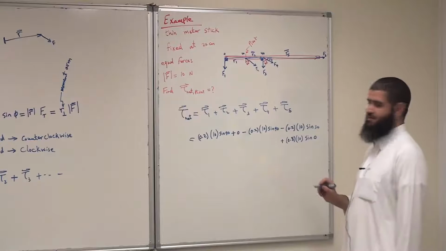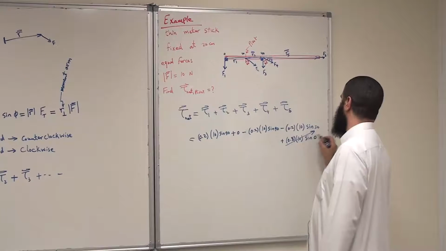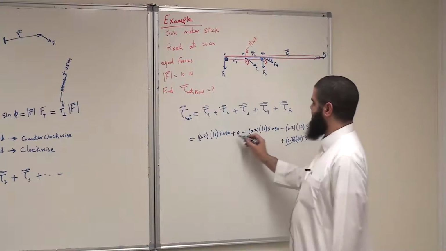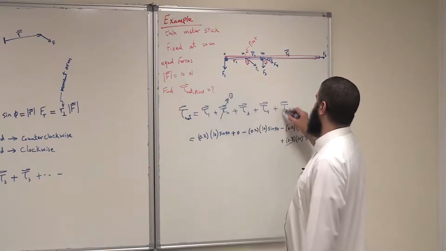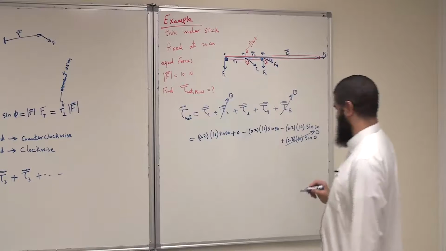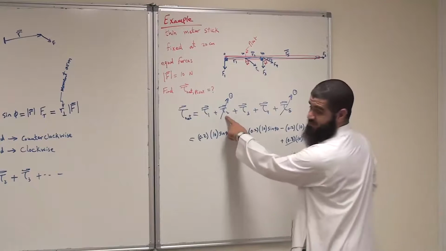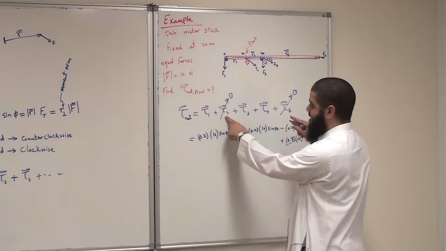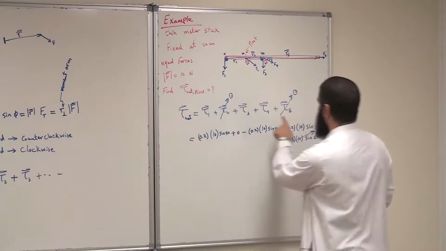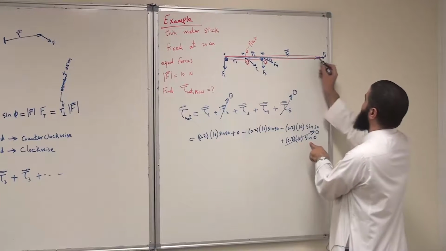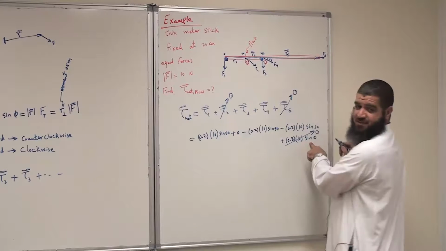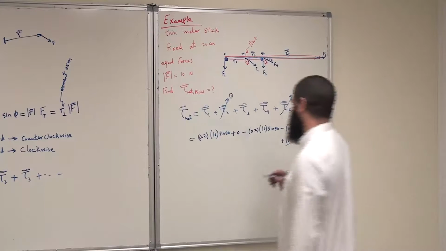But what is sine 0? It is 0, so this term is 0. Similar to the F2 term, which is 0 because the position vector is 0, since we apply the force at the pivot. And this term is 0 because the angle between the force and the position vector is 0, so sine 0 gives 0.